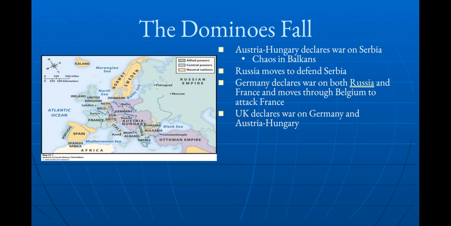England, after Germany initiates the Schlieffen Plan and roars right through the neutral lowland country of Belgium, the United Kingdom can't sit back and allow a neutral country just across the English Channel from them to be taken over by Germany.